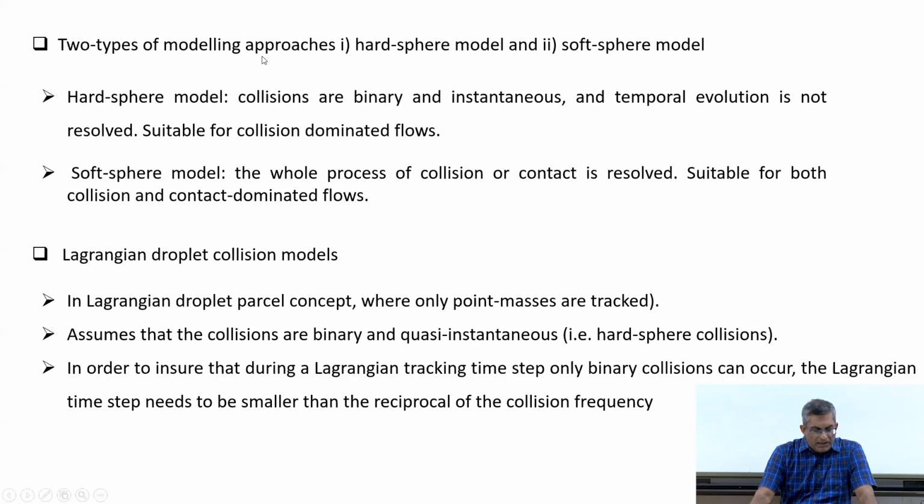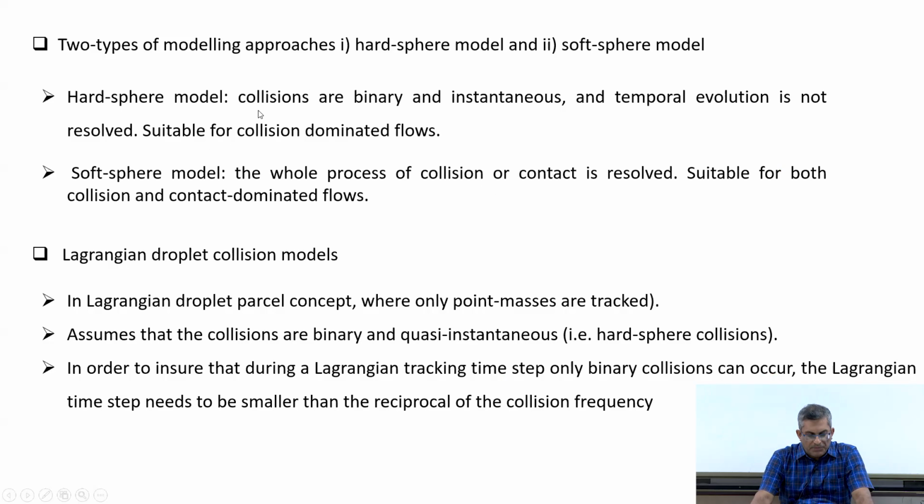So, accordingly we have two different modeling approaches. One is the hard sphere model, which is suitable for collision dominated flows, and the other one is the soft sphere model, which is essential for contact dominated flows, though we can use this for collision dominated flow also.